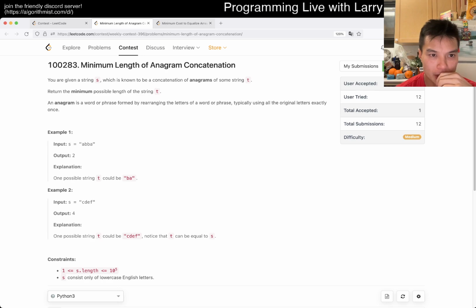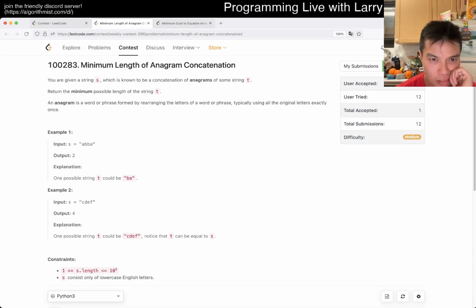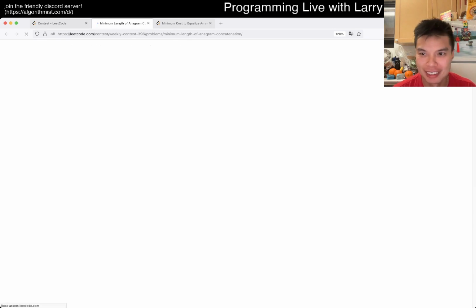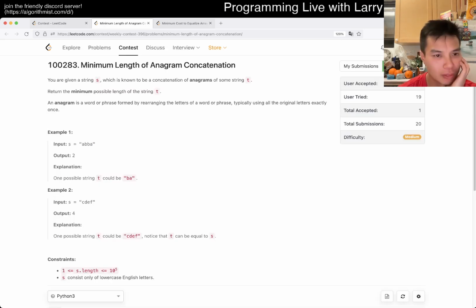Anagram of some string T. Concatenation of anagrams of, okay. What does that mean? I mean, a lot of people submitted and got it wrong, so I don't think this is straightforward. What is a concatenation?